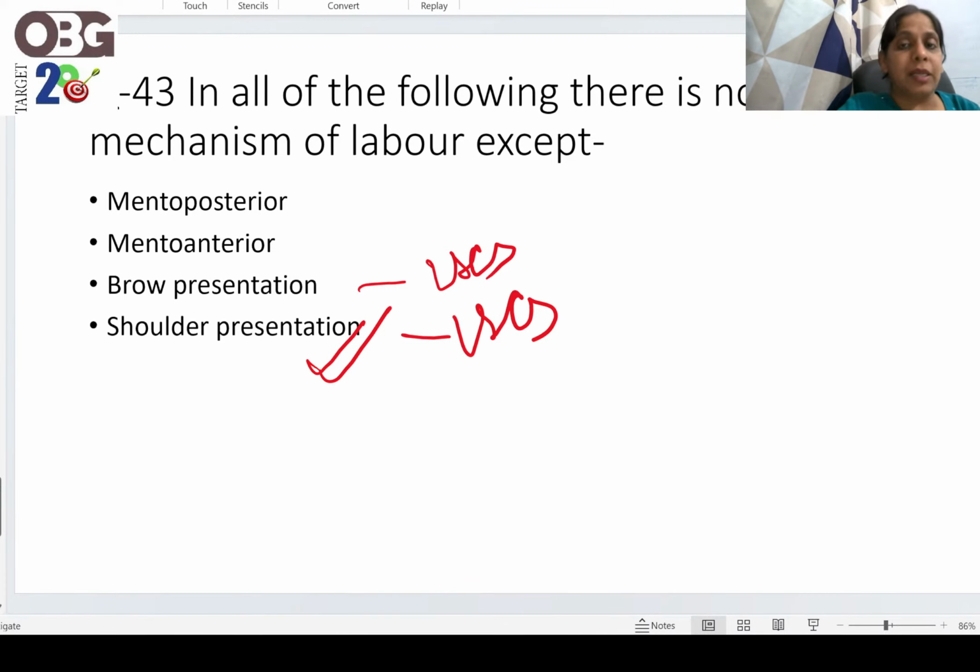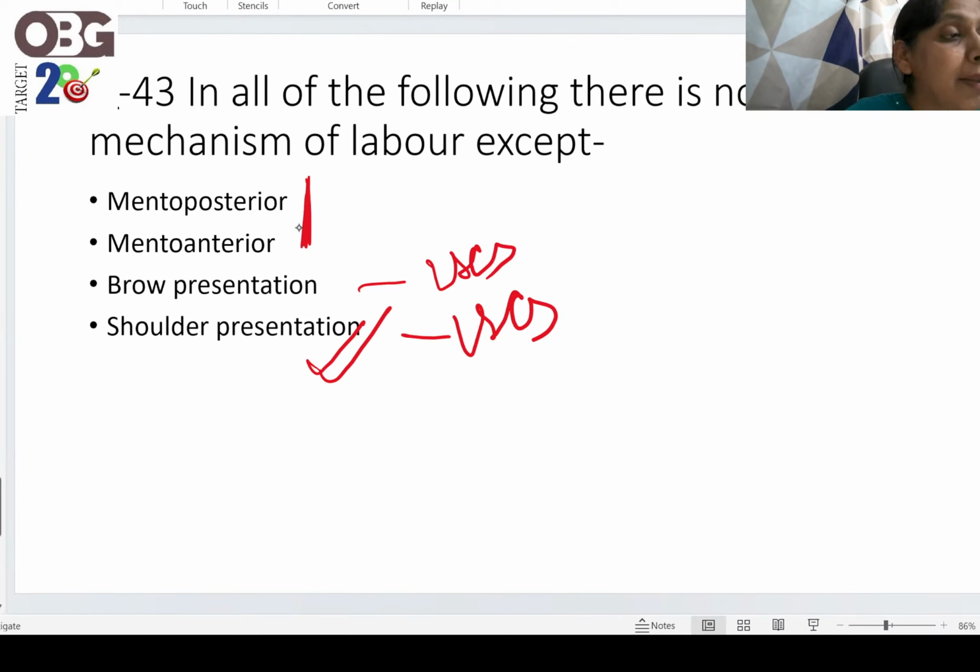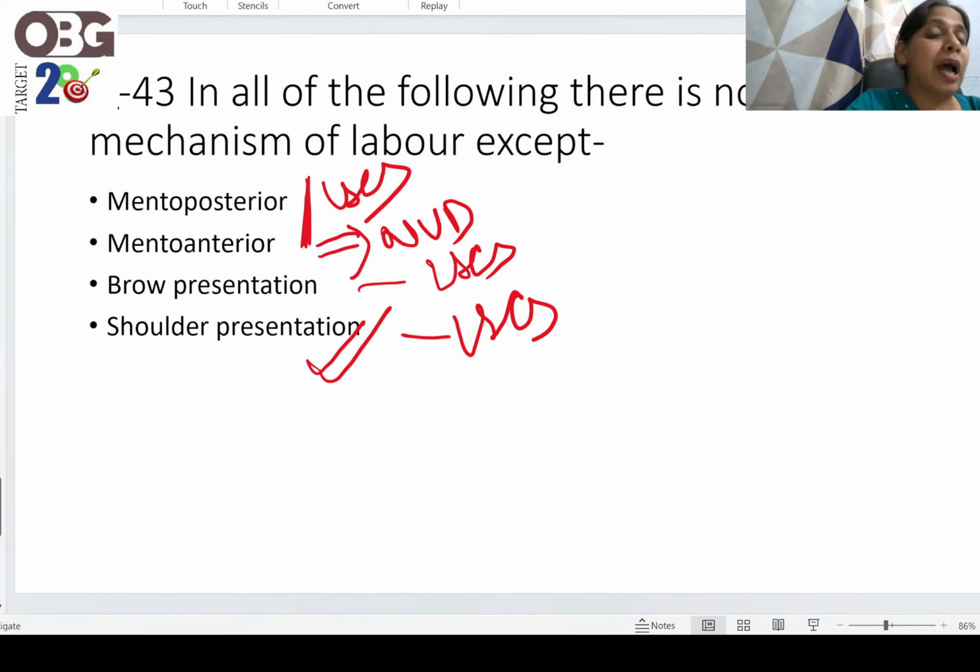Again we have to do cesarean. So yes, there is no mechanism of labor, but these two are the positions. In face presentation, the mentum, the chin, is the presenting part. If mentum is anterior, that position is called mento-anterior. If mentum is posterior, we call it mento-posterior. If mentum is anterior, normal delivery can happen. If mentum is posterior, cesarean will be done. So the answer is B. Okay, I hope you got it.